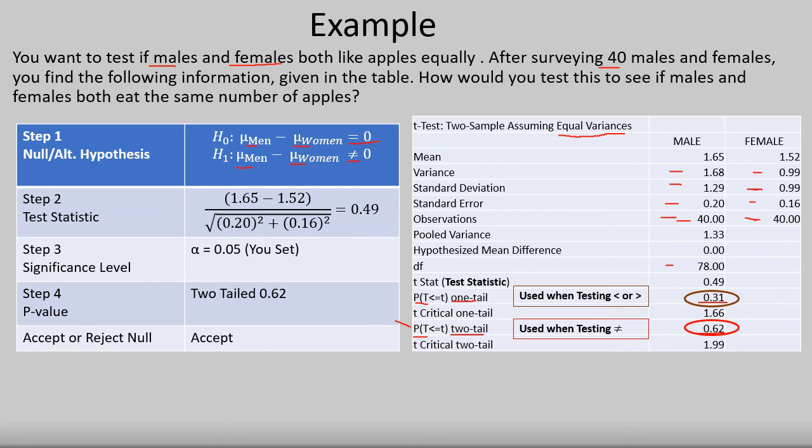Our test statistic was calculated using the formula we just saw, using 2 samples assuming equal variances.